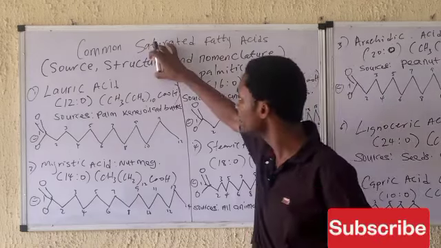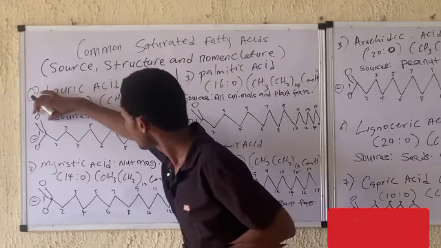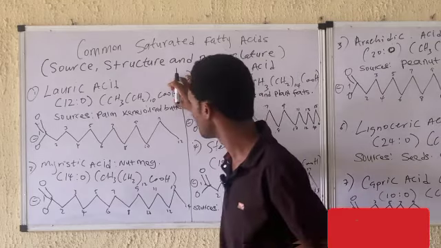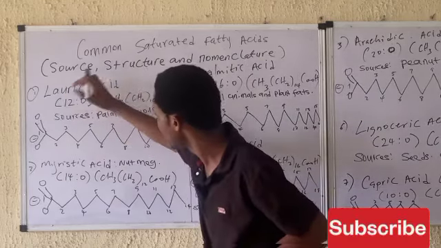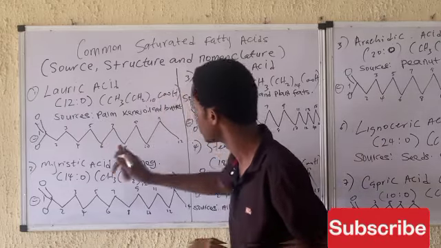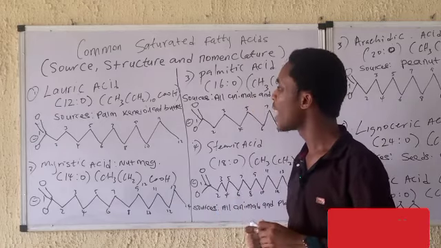Now going with the structure of lauric acid, as you can see displayed on the board, we have the carboxylic head, which is the polar part of lauric acid, and the 12 signifies 12 carbon atoms. Now, how can we start our naming, or where will we start our counting?